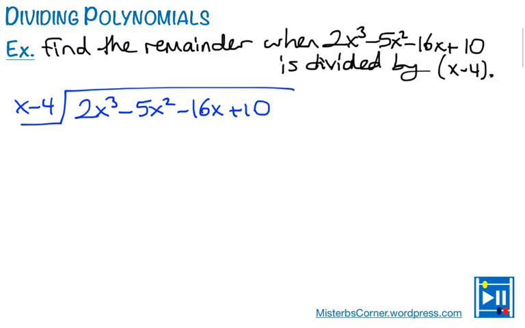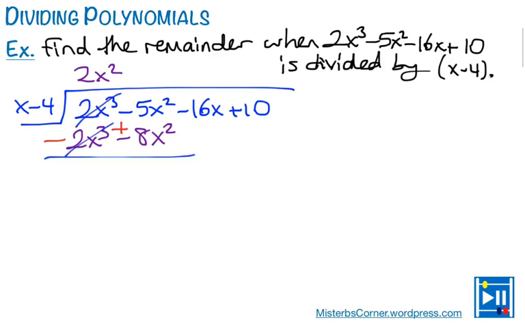So first I'll try to get 2x cubed, so I'll multiply with 2x squared. 2x squared times x is 2x cubed. 2x squared times minus 4 is minus 8x squared. Changing the signs, I will add them up, getting, well, these are gone. Minus 5 plus 8 is going to be 3x squared, and I'll drop these beside.